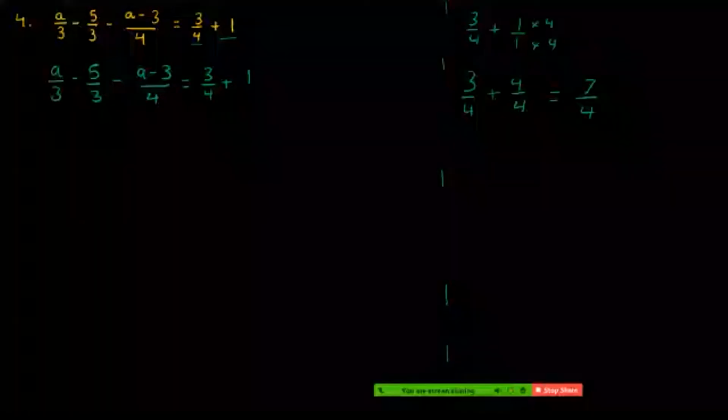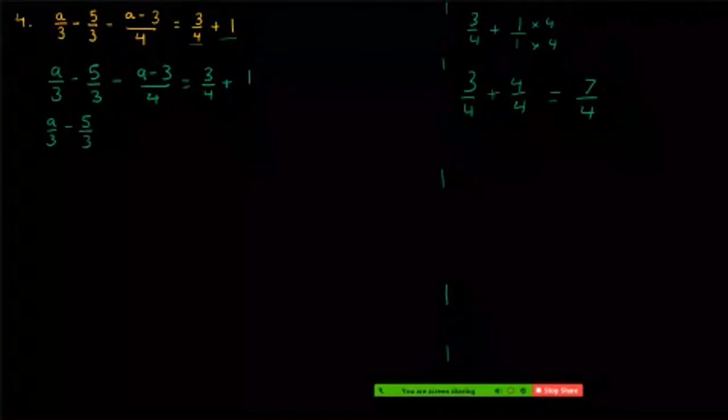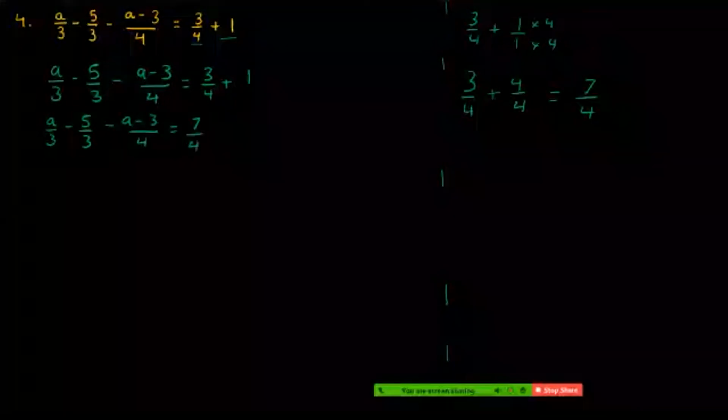So now we can rewrite the equation by saying a upon 3 minus 5 upon 3 minus a minus 3 upon 4 is equal to 7 upon 4. Okay, so now this equation is a lot simpler. Now, as we can see, 5 upon 3 is also a constant, like 7 upon 4.